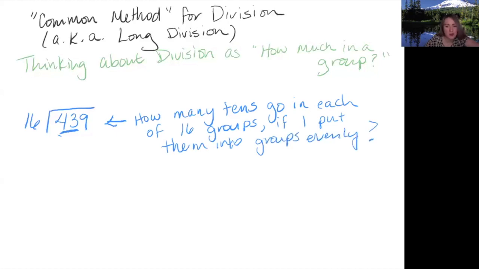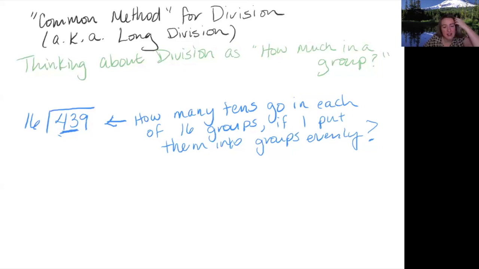So that's the question we're really asking. We have 43 tens, and we're saying how many tens go into each of 16 groups if I put them into groups evenly? Okay, so here's where there's no flexibility in this algorithm. You just have to pass out as many tens as you possibly can. There's no room for flexibility here.